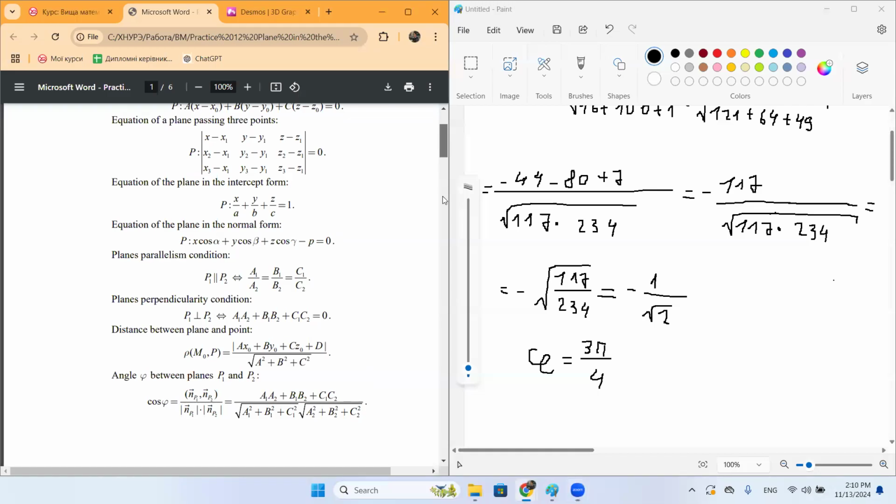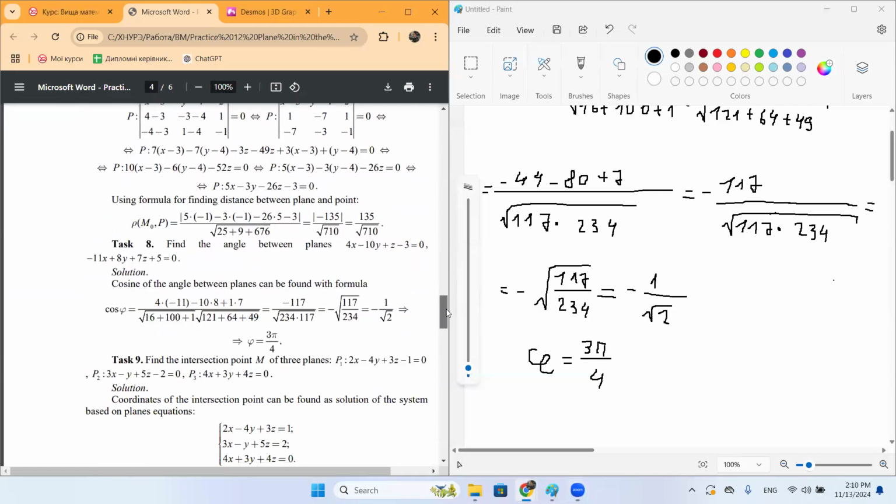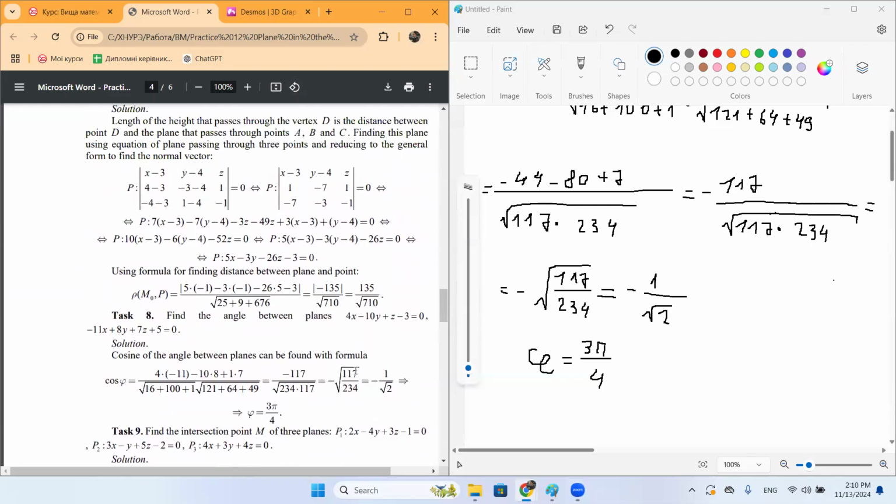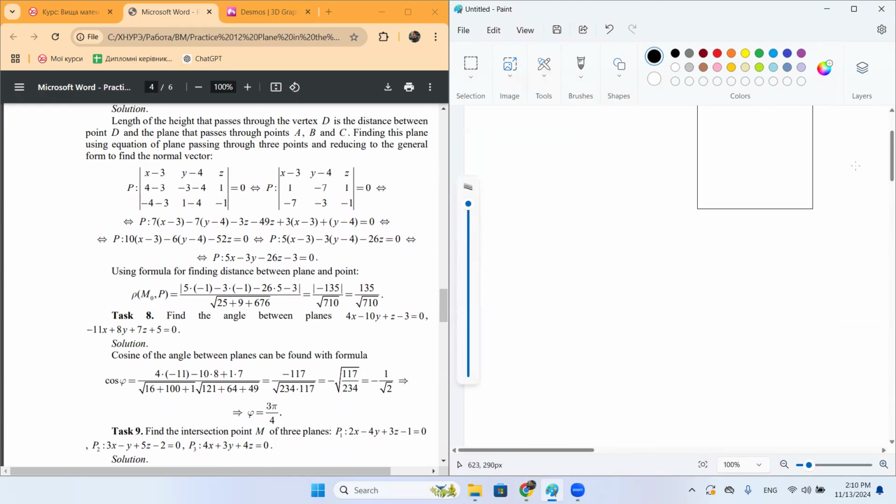Okay, let's continue. So the next task, task number 9, we need to find the intersection point of 3 planes. So 2 planes are intersected by a straight line.